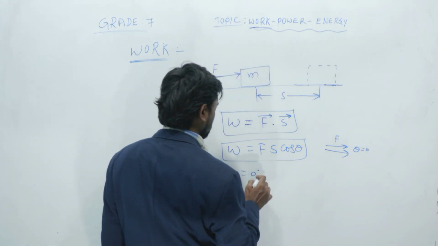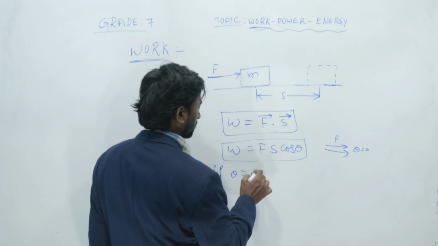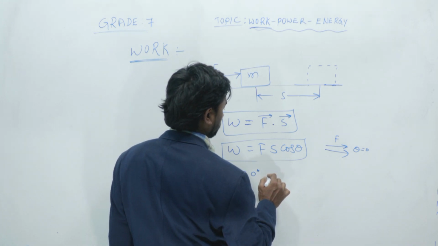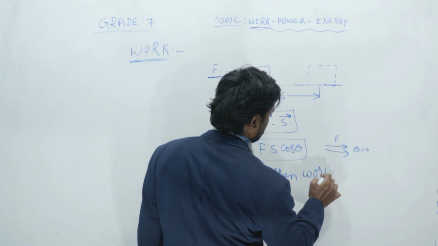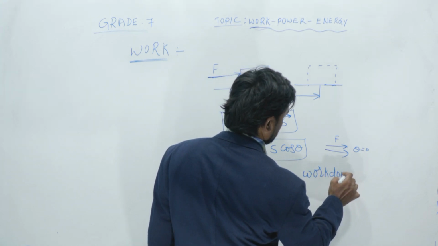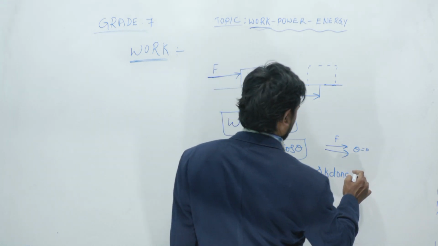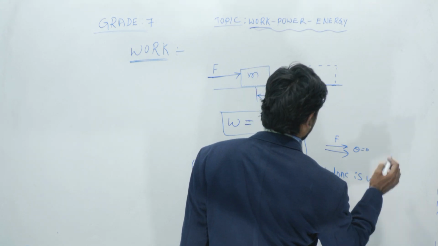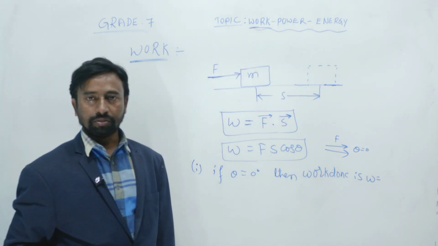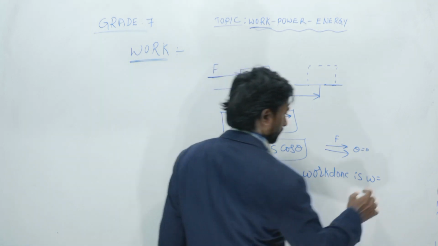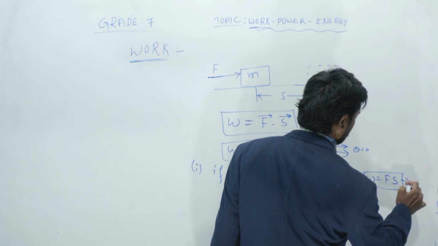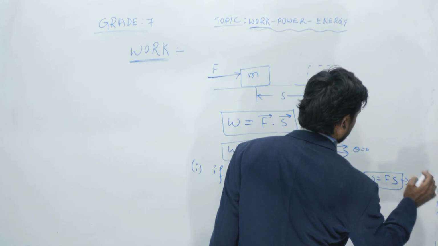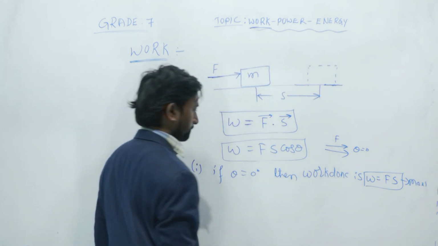In that case the work done W is equal to Fs cos 0, cos 0 value is 1, so here we will get Fs. This is the maximum work done.